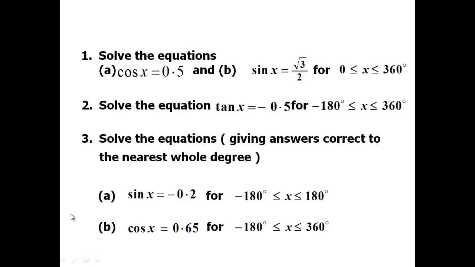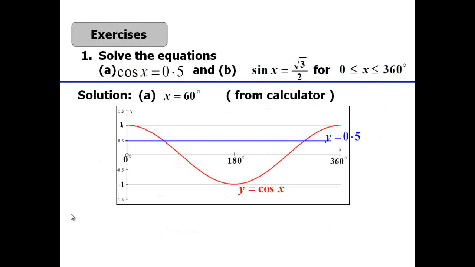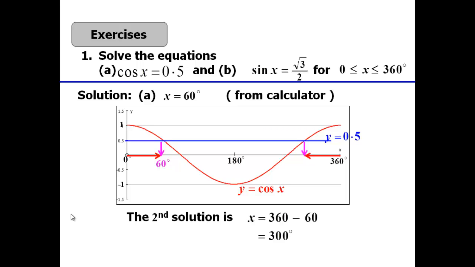Okay, your turn. Have a go at these here, pause the presentation and then look at the answers when you're ready. First solution, 60 degrees from the calculator. It's cosine, so it's 360 minus for the second solution. And that's all that we've got in the period between 0 and 360 degrees.